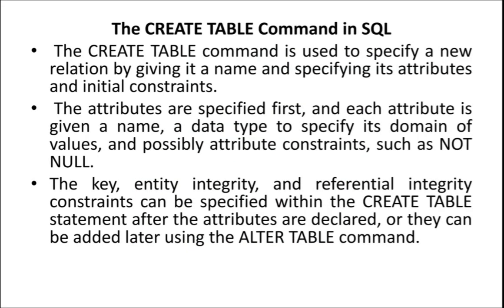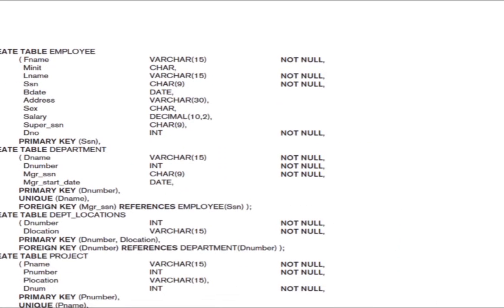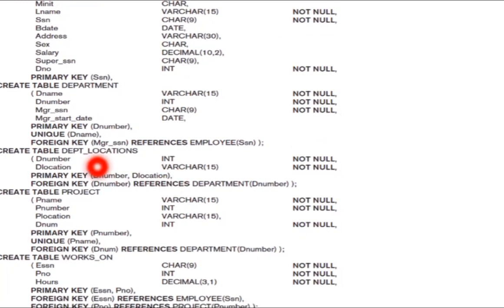And one more important thing, I told you, you can use entity integrity constraint and referential integrity constraints also in a create table statement. You can see here, this is the example for that. Primary key, this is the entity integrity constraint.